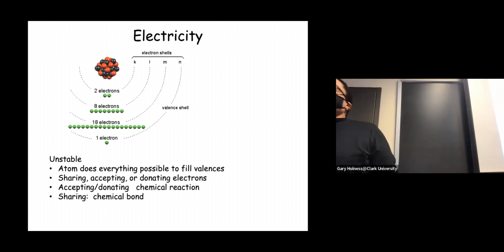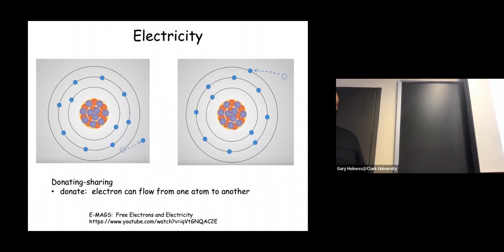Okay. Any questions about this? So why am I talking about electrons? Okay. Well, let's continue on with this idea about donating or sharing these electrons. Now, an electron that can be donated or accepted is a so-called free electron. And these free electrons typically exist at the outermost valencies.